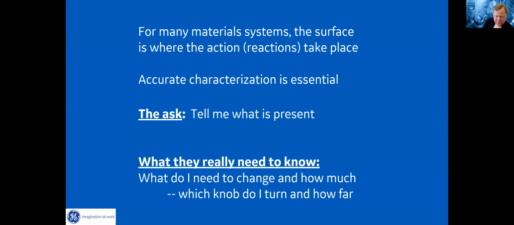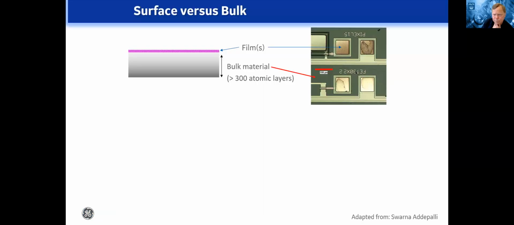As the analyst, we really need to delve further to understand what they need to know. And usually it's what do they need to change and how much do they need to change it? How, which dial and how far do they need to turn that dial? That's critical in many instances.